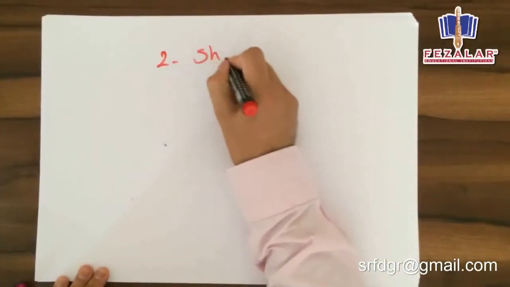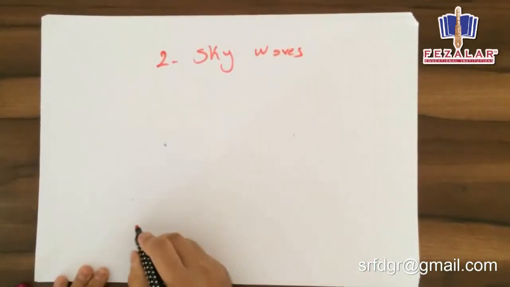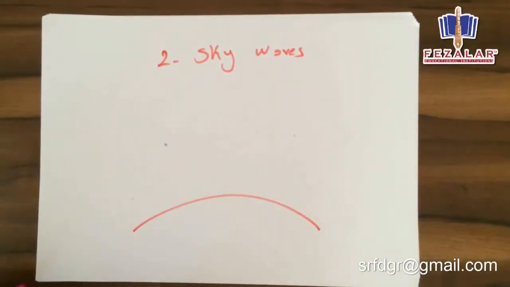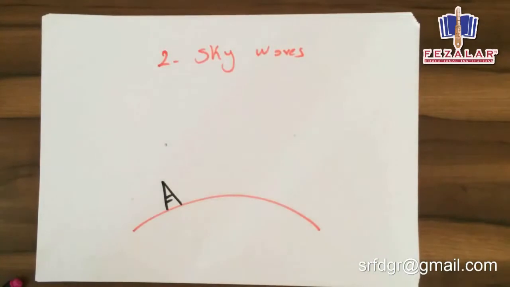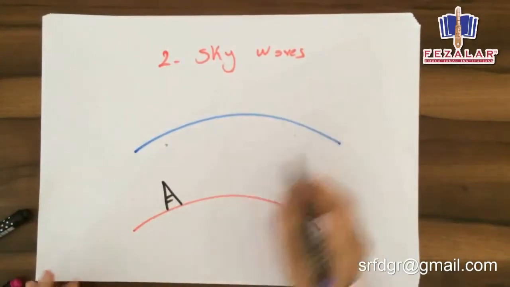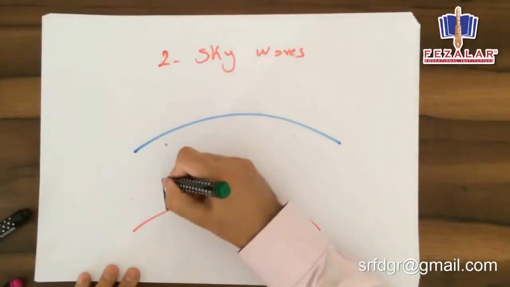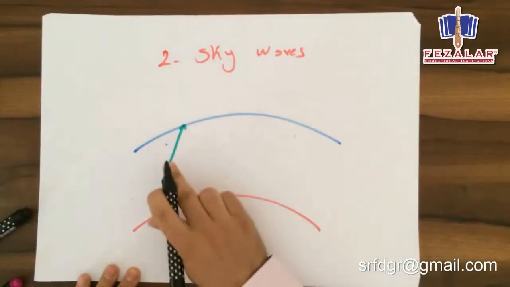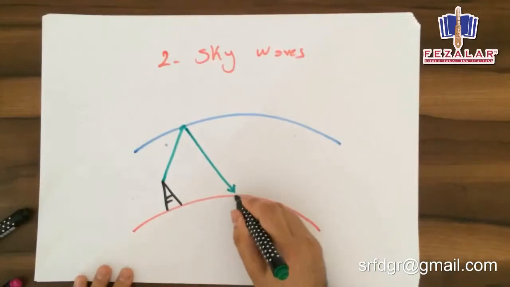The second one is sky waves. This is ground, and this is our antenna, the transmission device. In sky waves, the ionosphere is used. The wave is sent to the ionosphere like that, and it is reflected by the ionosphere and reaches the point.